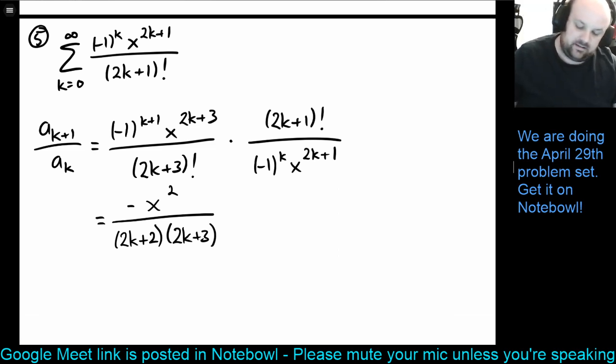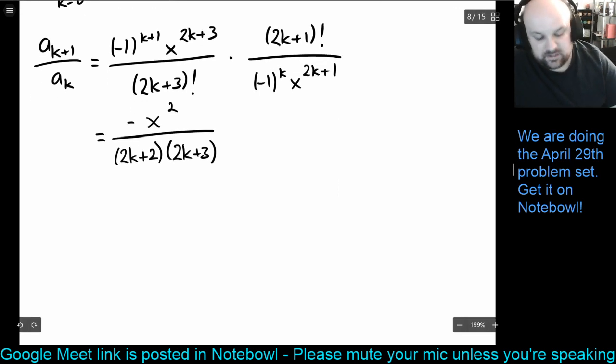How does that look? Any questions there at all? Hopefully it makes sense how these factorials are canceling out. These two are the only things left over from that bottom factorial.